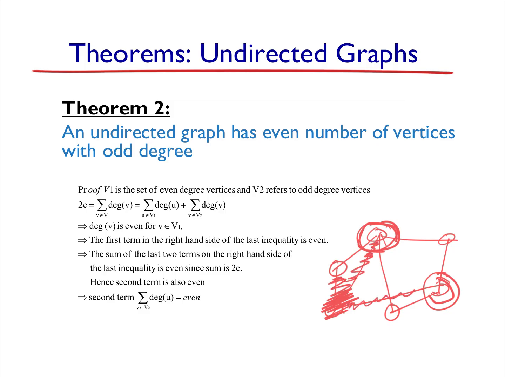So now we end up with a graph that has 1, 2, 3, 4, 5 vertices. If I have some of these with odd connectivity, like for example here, this will have odd connectivity. It's connected here, here, and here, right? So that's one. What else has odd connectivity? This is even, this is even, this is even, this is even, this is odd, because it has only one. So you end up with 2 in total with odd connectivity. They will always be an even number, regardless of the number of vertices in the graph itself.